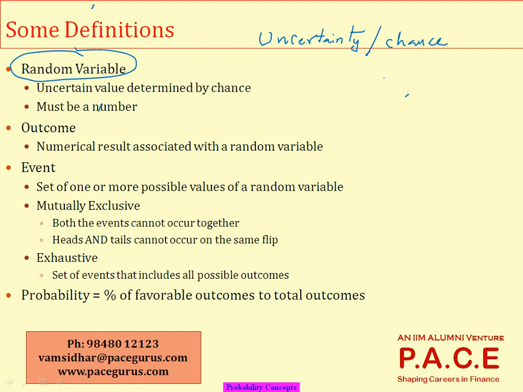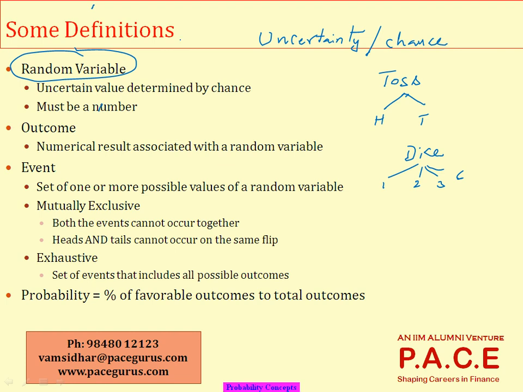For example, if I toss a coin, there is a randomness in the output. I may get a head or I may get a tail. That is what I am calling randomness in the output. Or if I throw a dice, I am not sure whether I will be getting 1 or 2 or 3 or 6 or any of the numbers. 1 to 6, any number is possible.